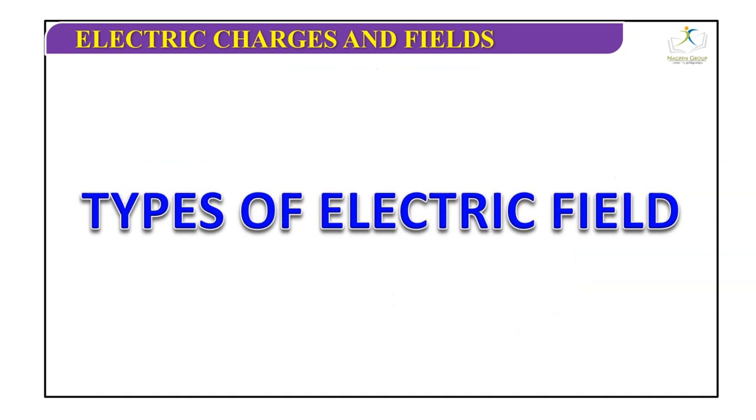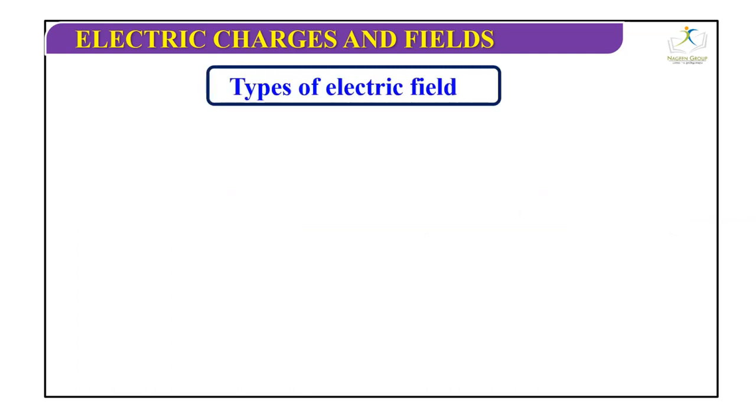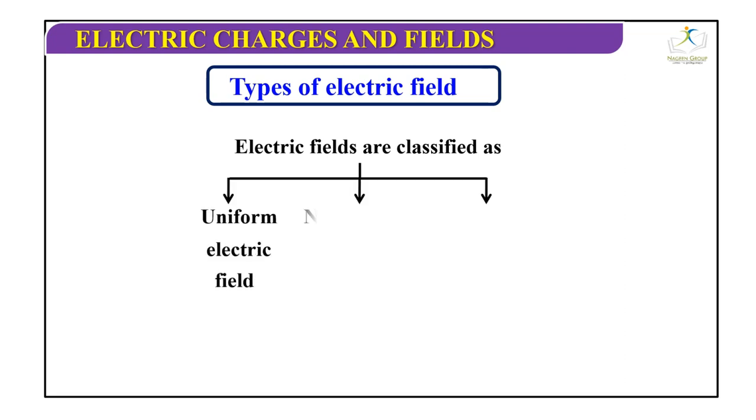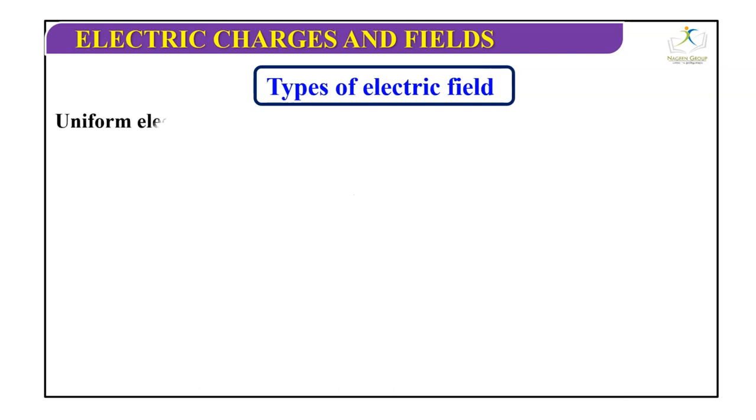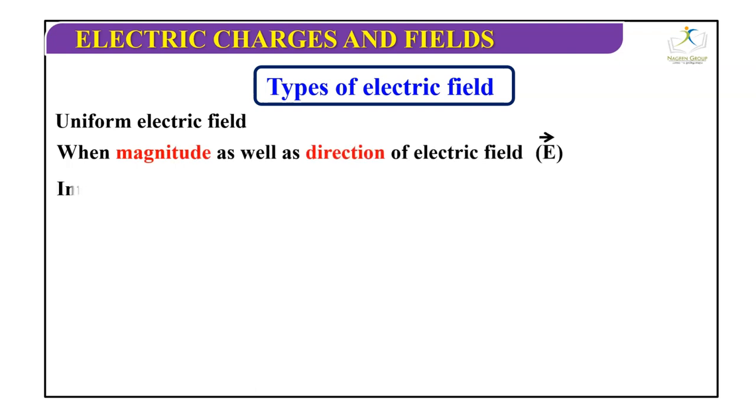Now we are moving ahead with the main topic, which is the types of electric field. Electric field can be classified as uniform electric field, non-uniform electric field, and radial electric field. The first one is the uniform electric field.